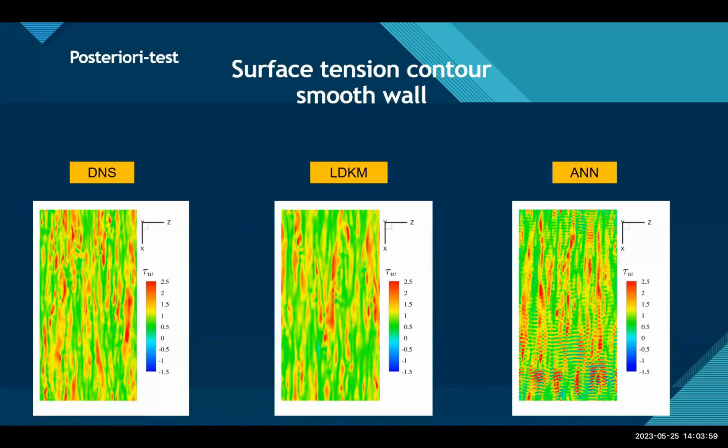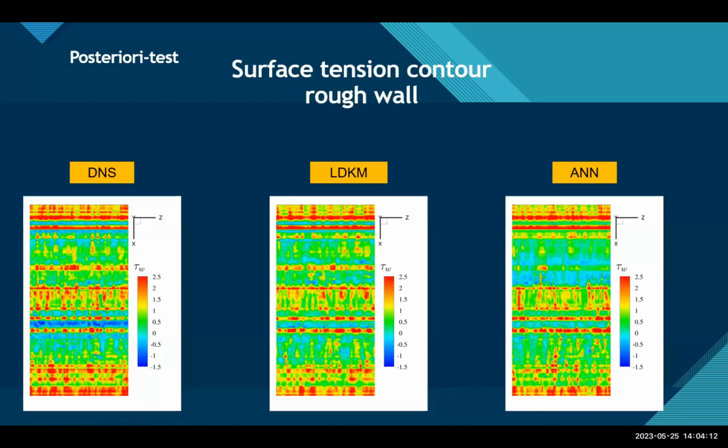For example, we should import the location of each element to increase the accuracy of our model. But in the rough case, we have a similar result compared to the DNS model. This is the result for surface tension contour for DNS, LDKM, and this is for the ANN model.